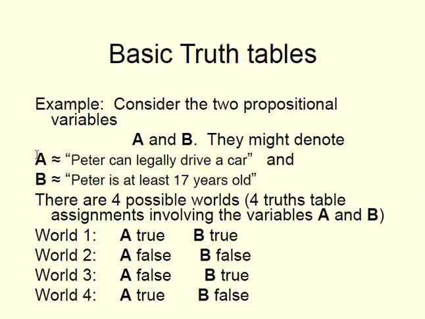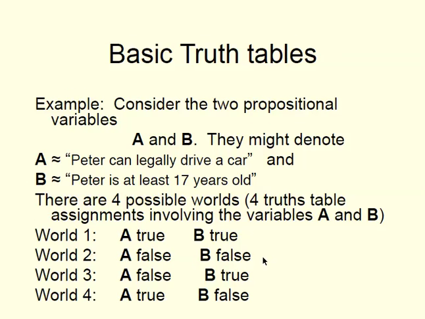So in this case, America was one world where, for example, Peter lives in America and Peter is 15 years old. Then A is true and B is false. So world 2, you can say, corresponds to a situation where Peter is 15 years old and lives in America.